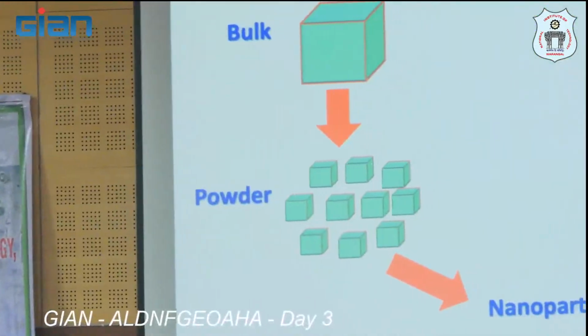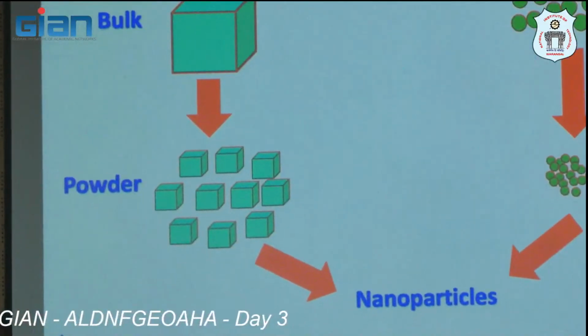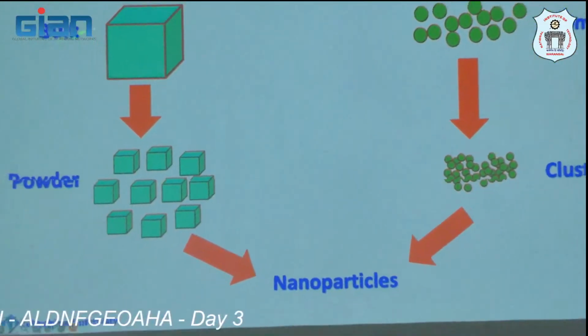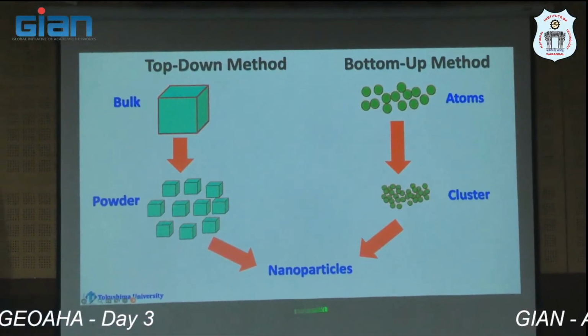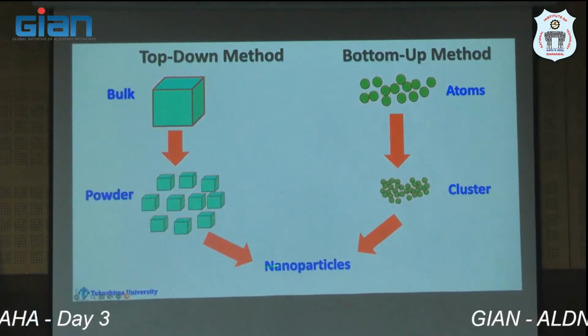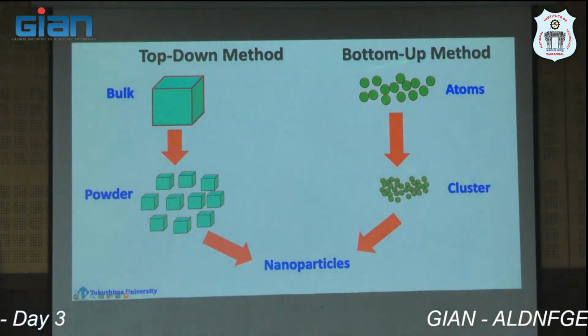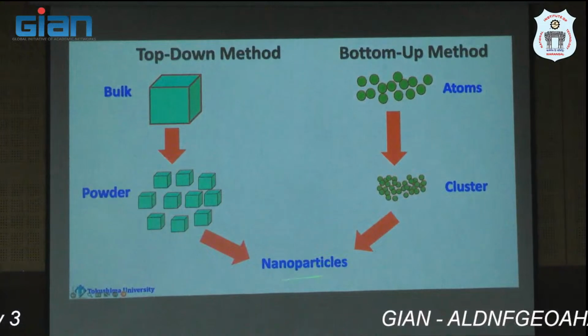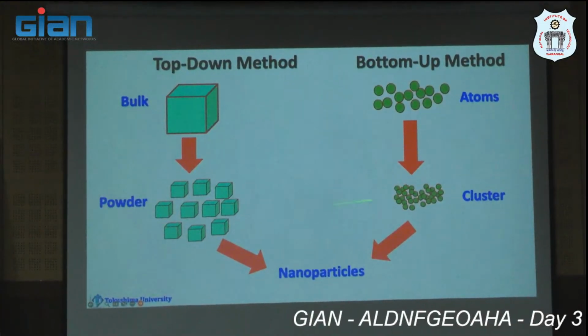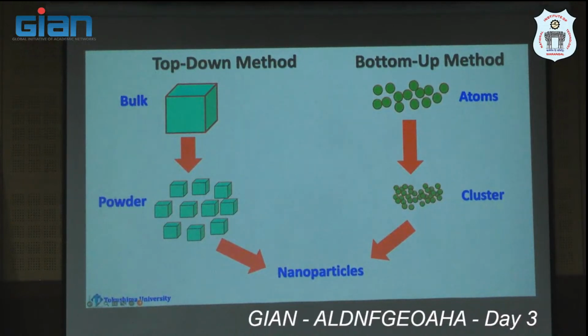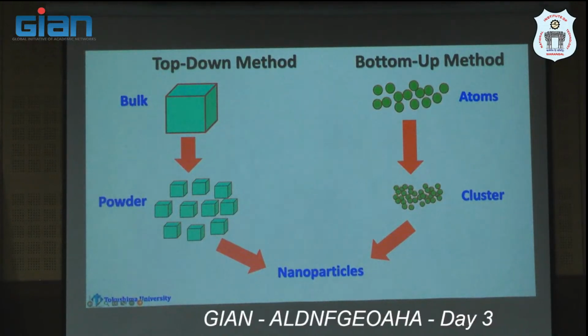Due to time restriction, I just explained the 4 techniques. Here you remember that in top-down the bulk material is bigger, and you start from the big and end up with the small particle. In case of bottom-up, you start from clusters and atoms, and you end up with the nanoparticle.